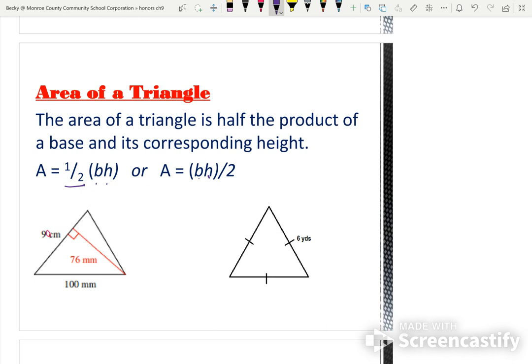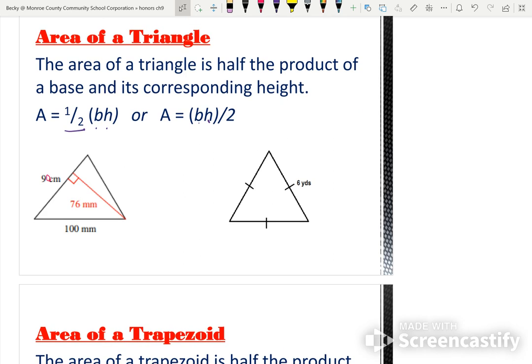Okay, so on this one, again, there's sometimes extra information. We're looking for the two pieces that make the right angle. So that would be, this is your base and this is your height.